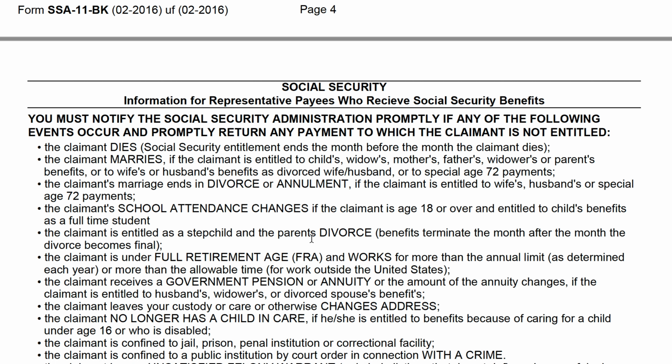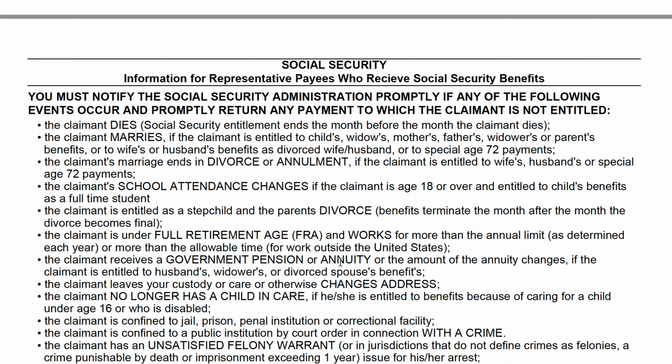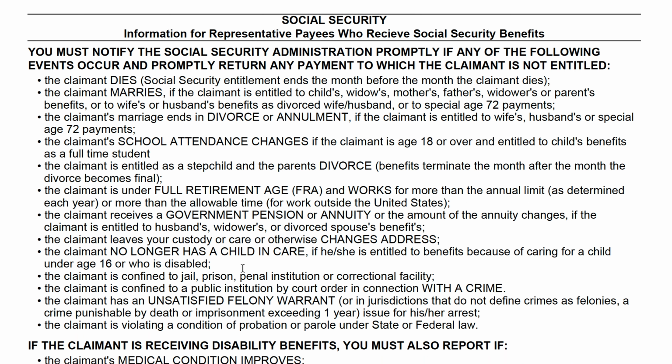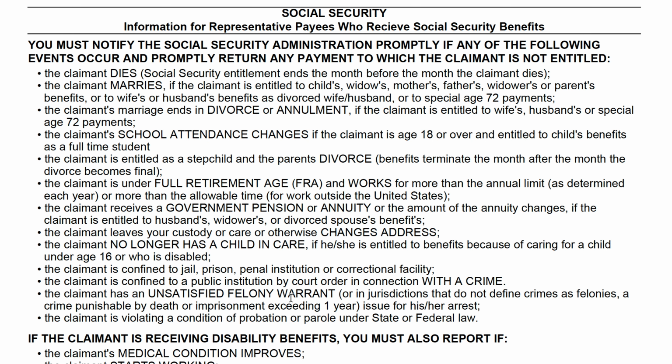Divorce, annulment, school attendance changes, like if the claimant was a minor and then reaches the age of 18, they're still entitled to benefits as a full-time student, but this is information that the Social Security Administration needs to know to ensure proper payment. Divorce, full retirement age, a government pension, or an annuity that might impact benefits, jail or incarceration, felony warrants. So there's a complete list of that here.